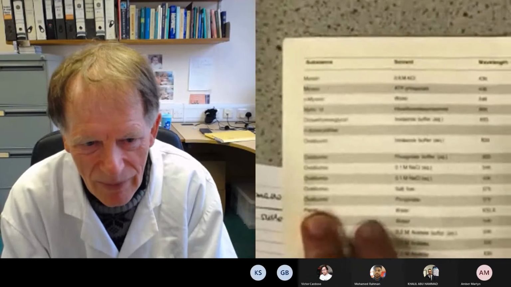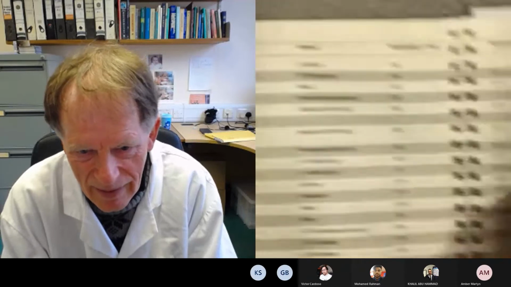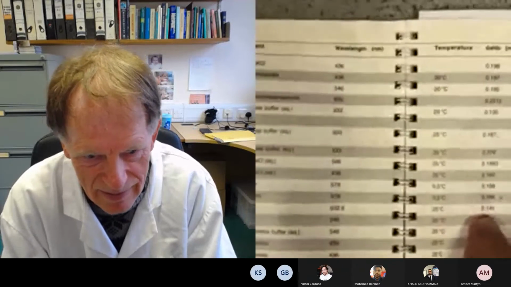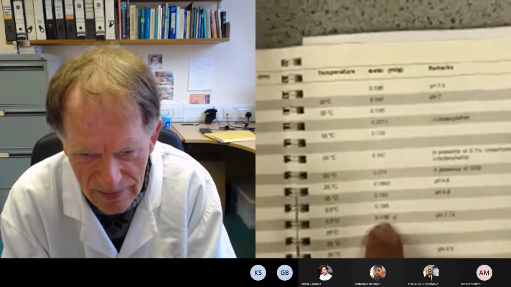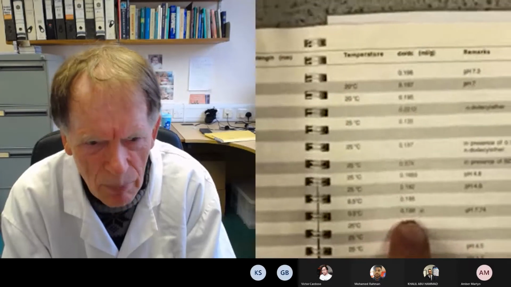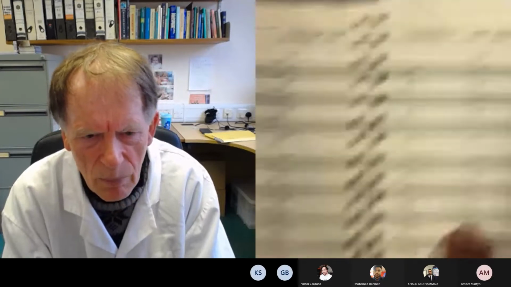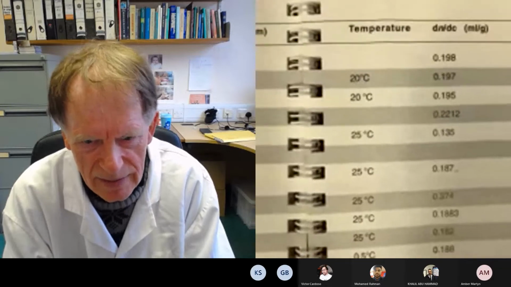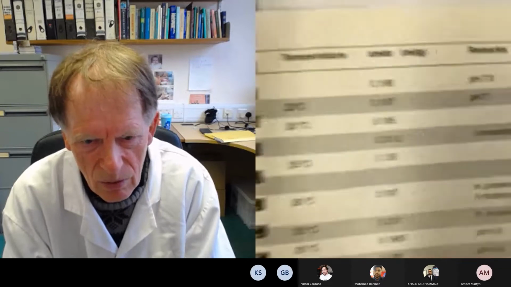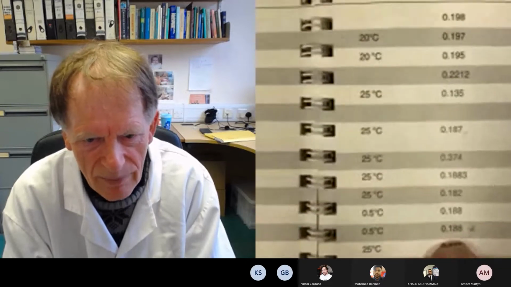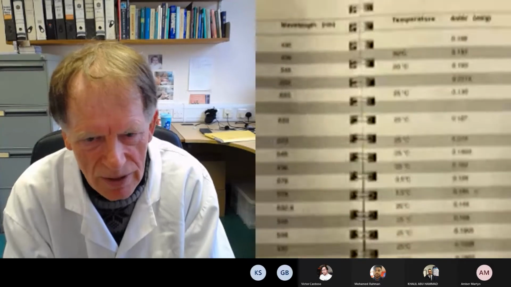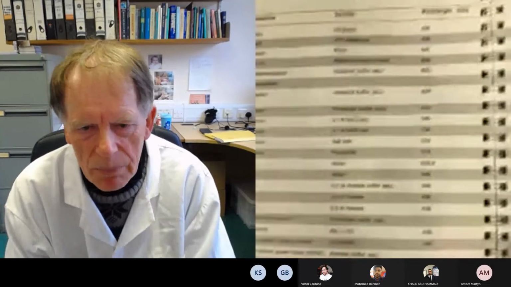So what value is it in buffers? So we have 1.88. Hang on. No, 0.187. 0.188. So 0.188, depending on the temperature and conditions. Mils per gram.